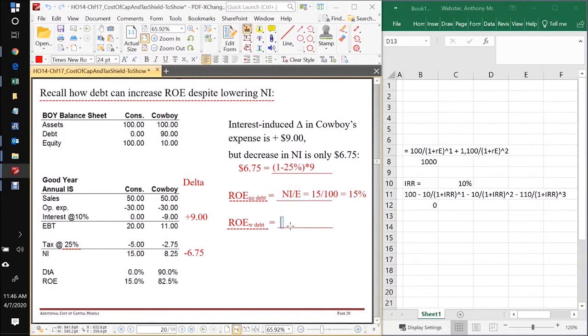And our ROE with debt is equal to 8.25 over 10, and that's equal to 82.5%. So the tax shield leverage, and particularly the tax shield portion of leverage, helps us a lot to get this juiced up ROE if we do have a levered company that is profitable. If we're not profitable, it's going to make things much, much worse.